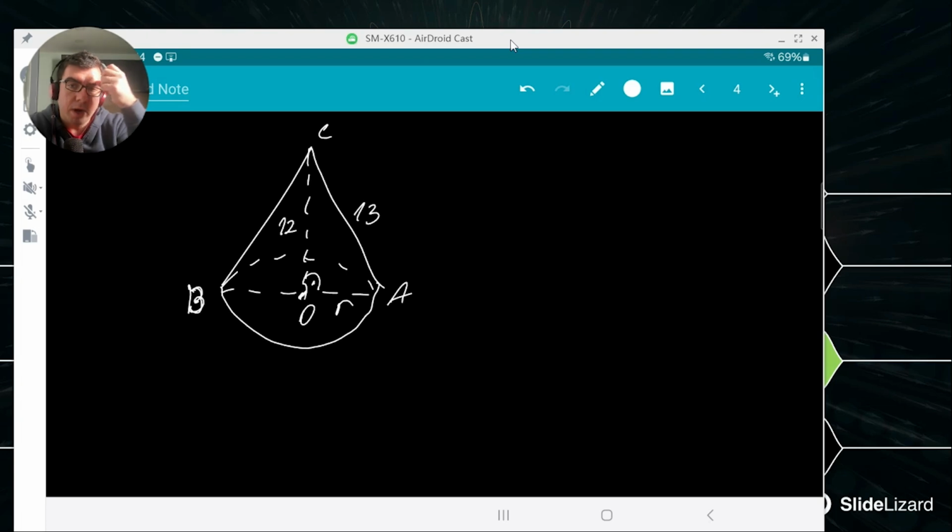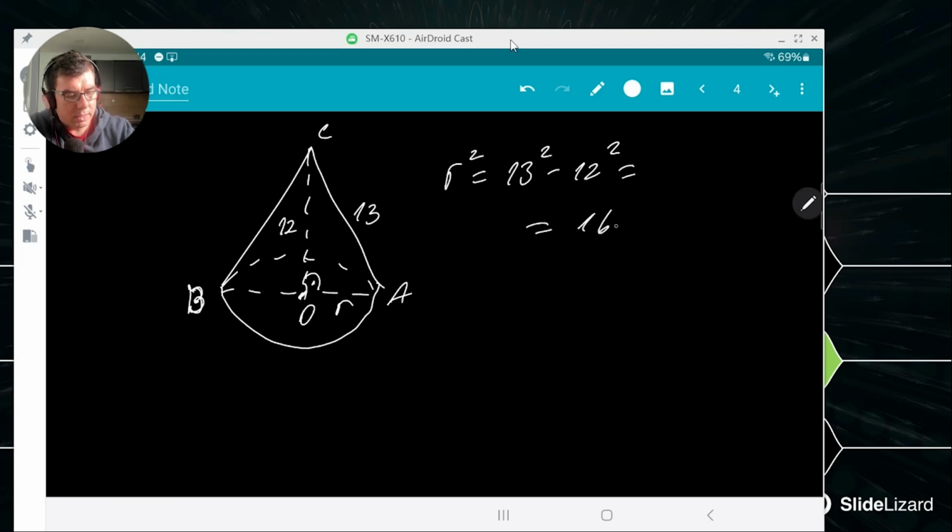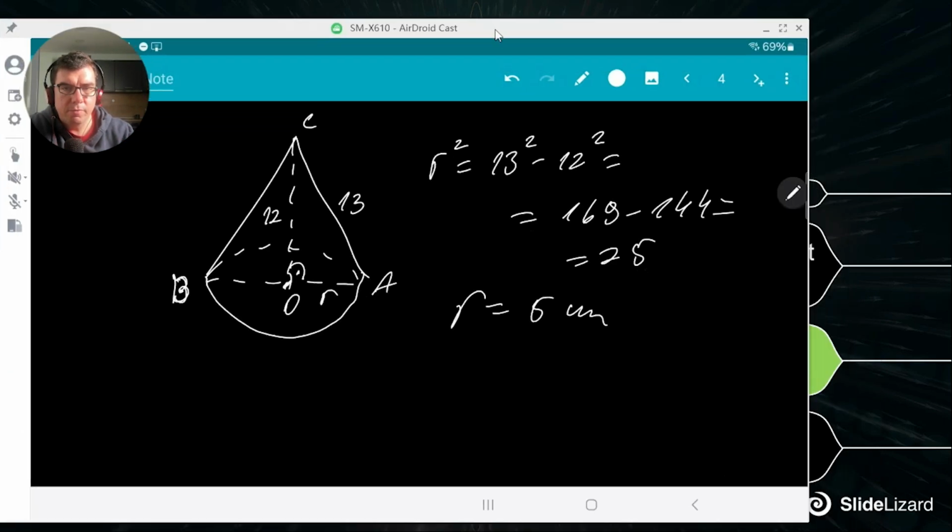Therefore this is a right triangle and we can find the radius, the length of OA, with the help of the Pythagorean theorem. So r squared is 13 squared minus 12 squared, which is 169 minus 144. This is 25. R equals 5 centimeters. And therefore, we are looking for the volume.